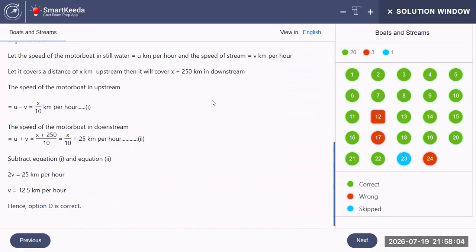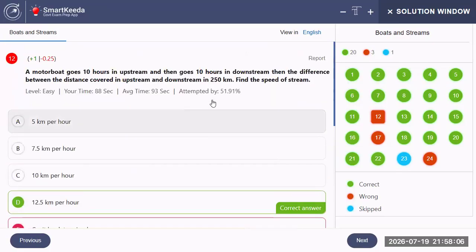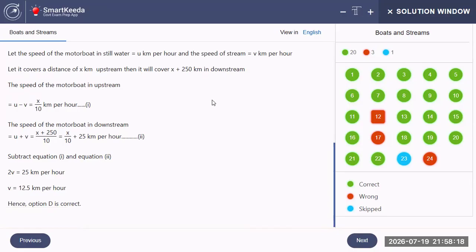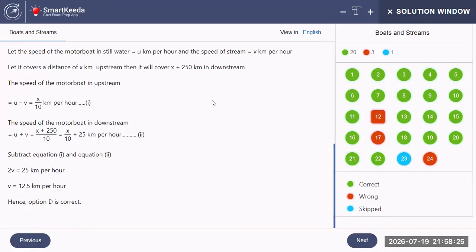Then it will cover the same distance downstream. So the speed of the motor boat is downstream. Then we should subtract by the answer.